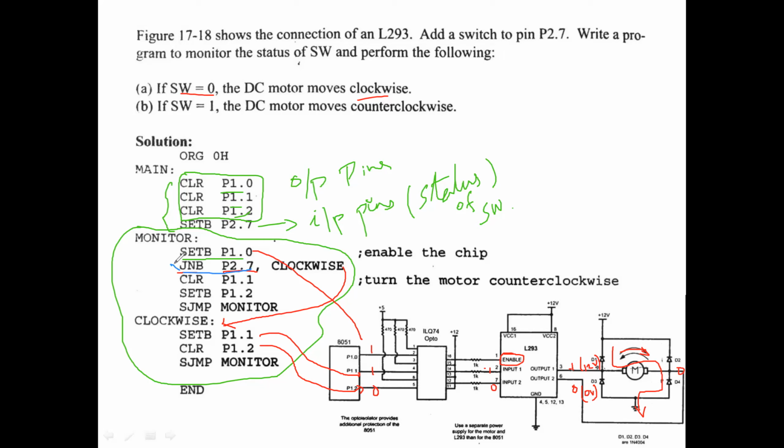When the switch is 1, the jump instruction will not be satisfied, so the control will move to the next instruction. Here I clear this pin to 0, and the next pin I provide 1, so it is going to be 12 volt.